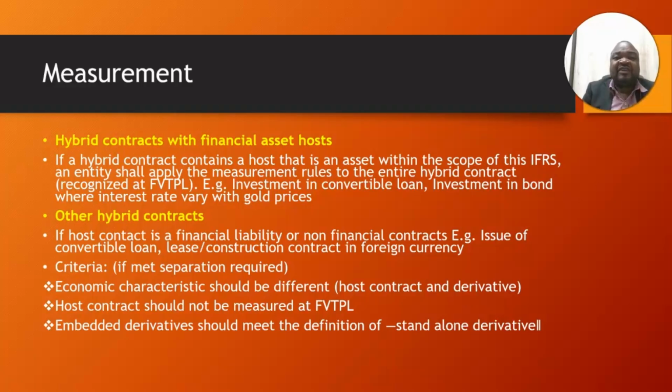If the host contract is a financial liability or non-financial contract, for example, issue of convertible loan, lease or construction contract in foreign currency, the criteria, if met, separation required. Economic characteristics should be different. Host contract and derivative: the host contract should be measured at fair value through P&L. The embedded derivative should meet the definition of a standalone derivative.